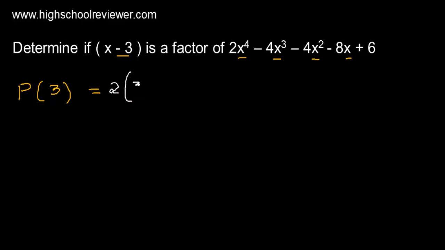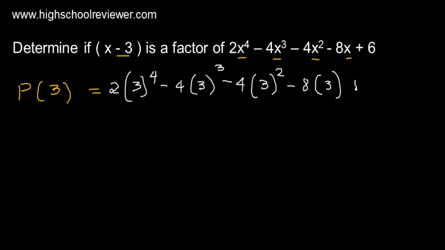This will be positive 3 raised to the power 4 minus 4, instead of x, that will be positive 3 raised to the power of 3 minus 4, instead of x, this will be 3 raised to the power of positive 2 minus 8 multiplied by 3 plus 6.